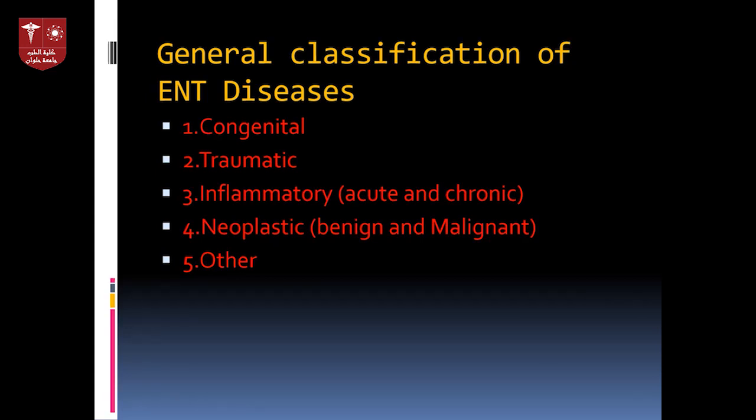It may be inflammatory. Is it acute? Is it chronic? Neoplastic, benign, malignant, other. So always put this broad classification in your head. It will get easier for you to answer lots of questions in medicine in general.